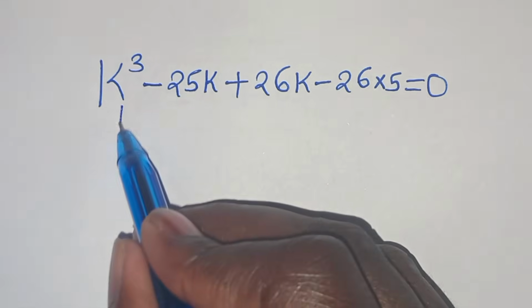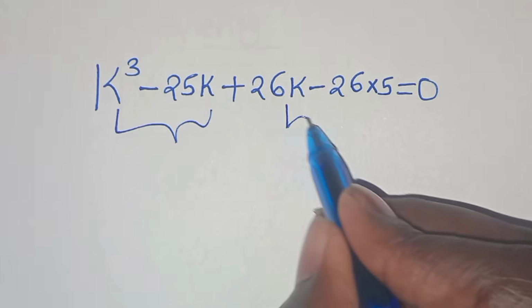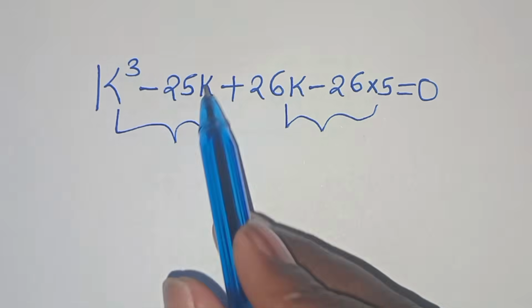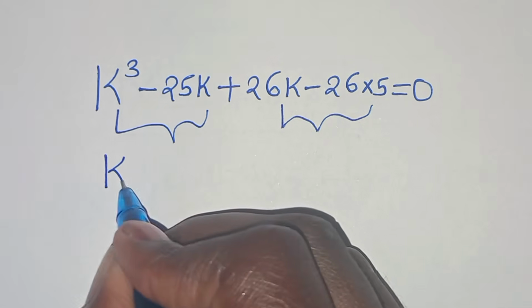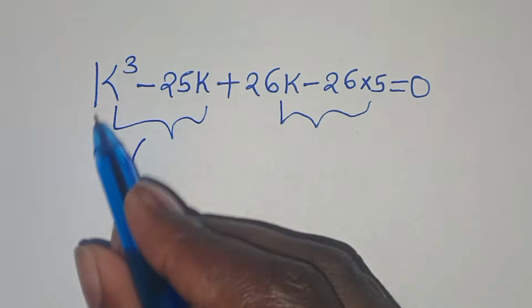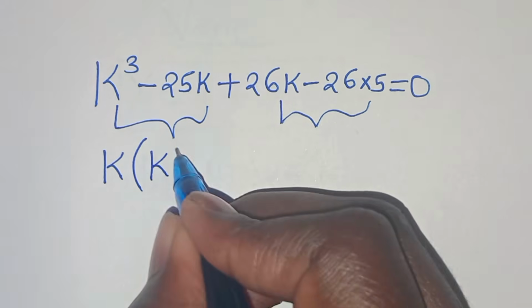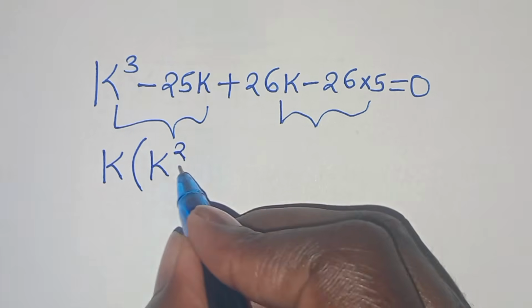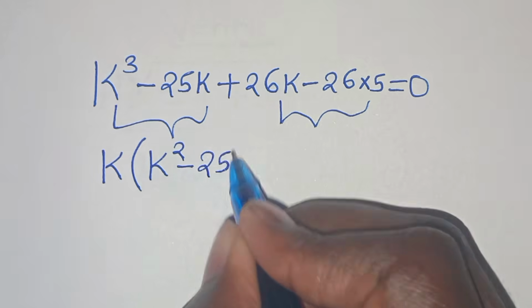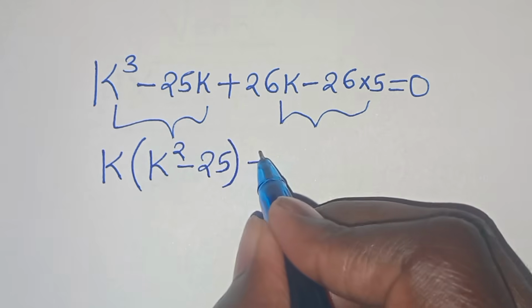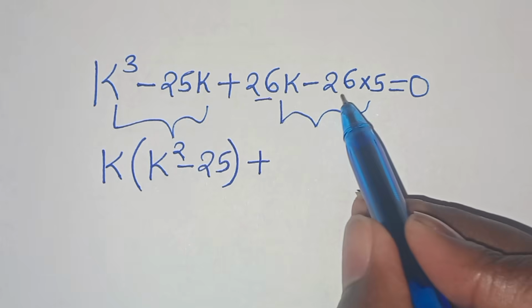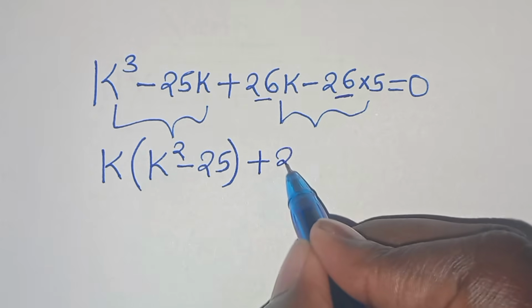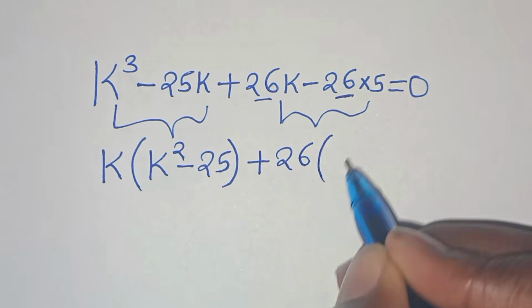Now here we have got two parts. From the first part, we have k is common, so we can factor out k into the parenthesis. This is k to the power of 2, subtract 25, close the parenthesis, then plus. Now we have that 26 is common here, so we can factor out 26 into the parenthesis.